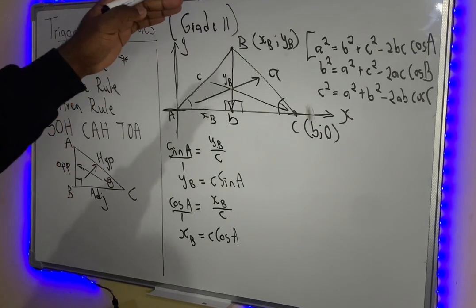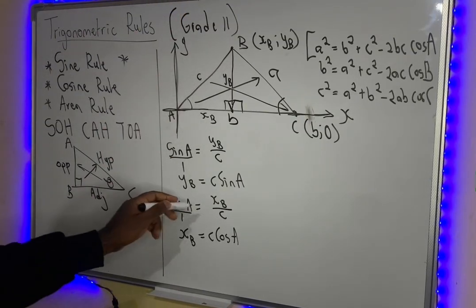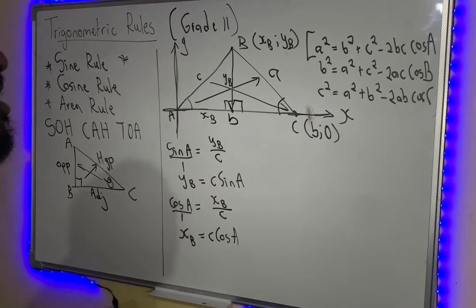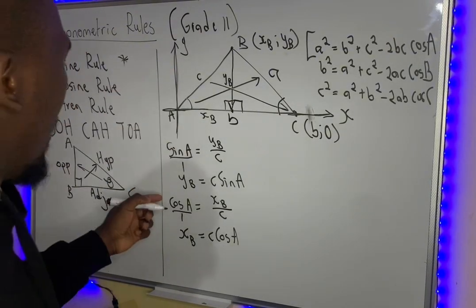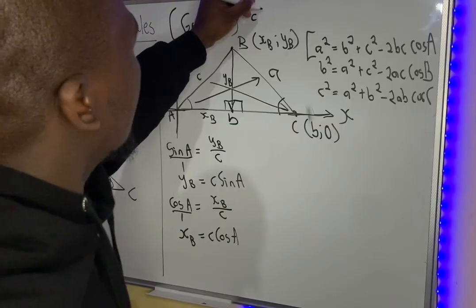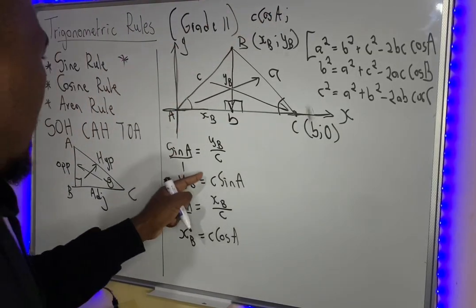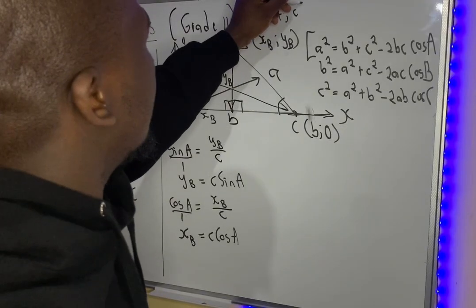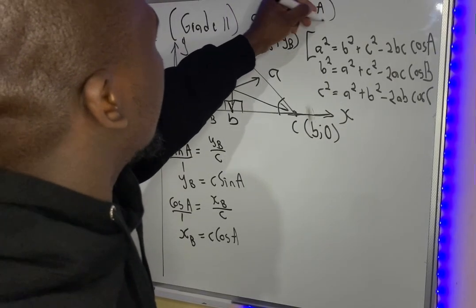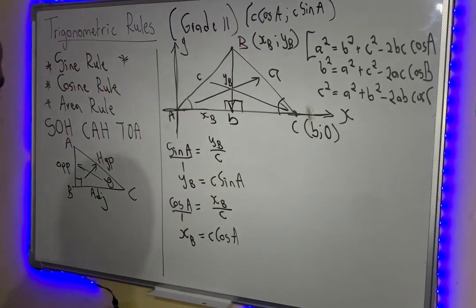Now we have the coordinates of B there. The coordinates of B are going to be this C cos A as well as this C sine A. So let's write them there on top of that. Our XB is C cos A, and YB is C sine A. Those are the coordinates of B there.